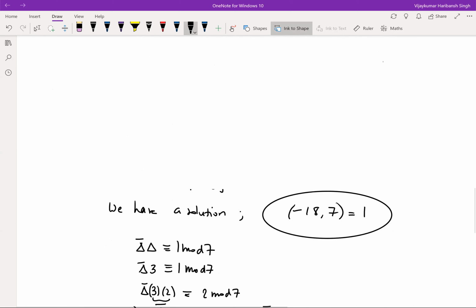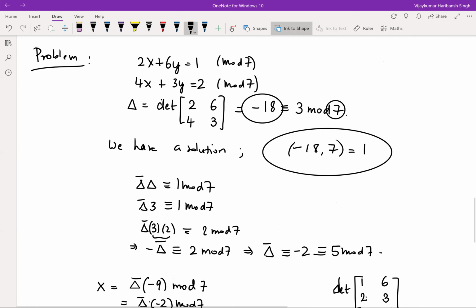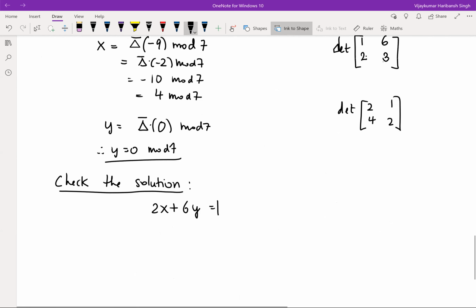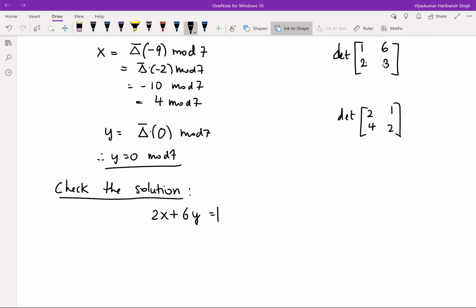The first equation is 2x plus 6y equals to 1. So let's check. When x is 4 and y is 0, we get 8 plus 6 times 0, which is definitely 1 mod 7, right? So the first equation is satisfied.